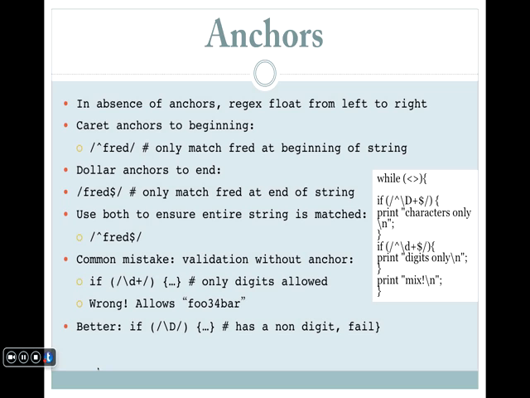So foo 34 bar will be a match because I didn't specify at the beginning and at the end the location of the digits. There is a better way, for example, saying any character but digits, which is with the capital D. On the right side you have a complete example.